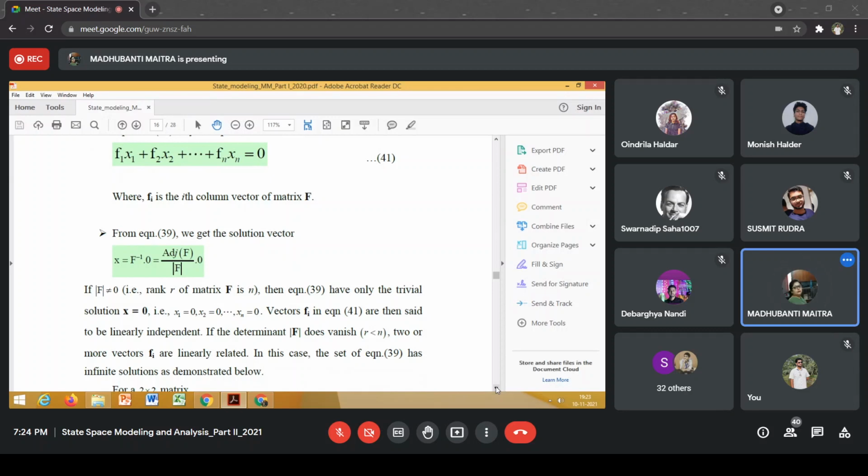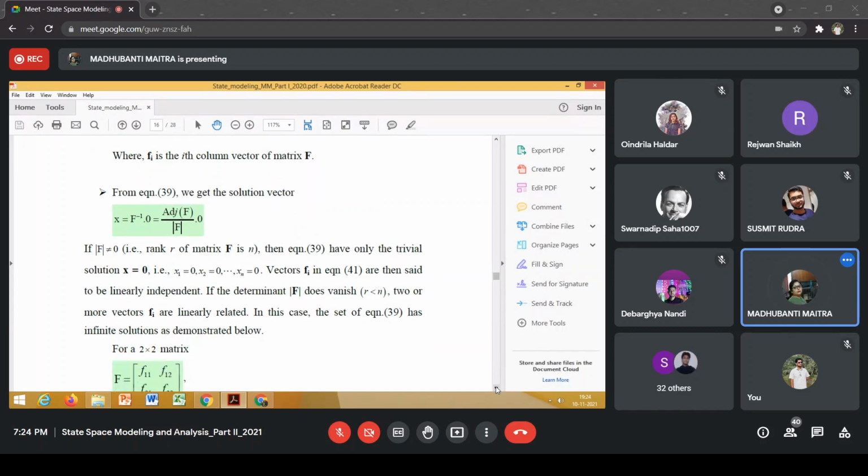Agreed? Yes, ma'am. Okay, fine. So you see, if the determinant of F is not equal to 0, that means F is a non-singular matrix, and in other words, the rank of the matrix F is equal to n.